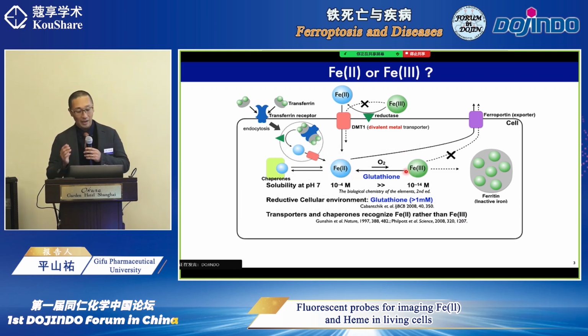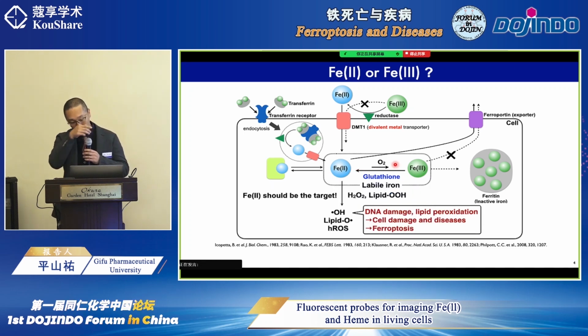So to study the physiological aspects of iron homeostasis, Fe2+ must be the target. At the same time, Fe2+ is highly relevant to oxidative stress. Fe2+ reacts with hydrogen peroxide to generate hydroxyl radical, and if Fe2+ reacts with lipid hydroperoxide, it will generate a lipid peroxide radical.